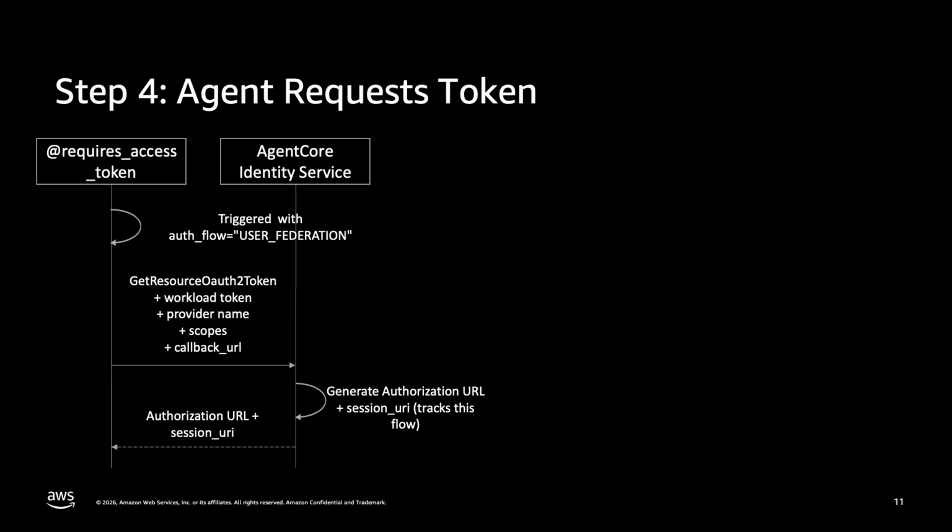Instead, it returns two things: an authorization URL, which is your identity provider's login page with all the OAuth parameters baked in, and a session URI, which is a unique identifier for this specific auth flow. Your agent uses the on auth URL callback to send that authorization URL to the user. How you do that is up to you: streaming response, WebSocket, email, whatever fits your app.